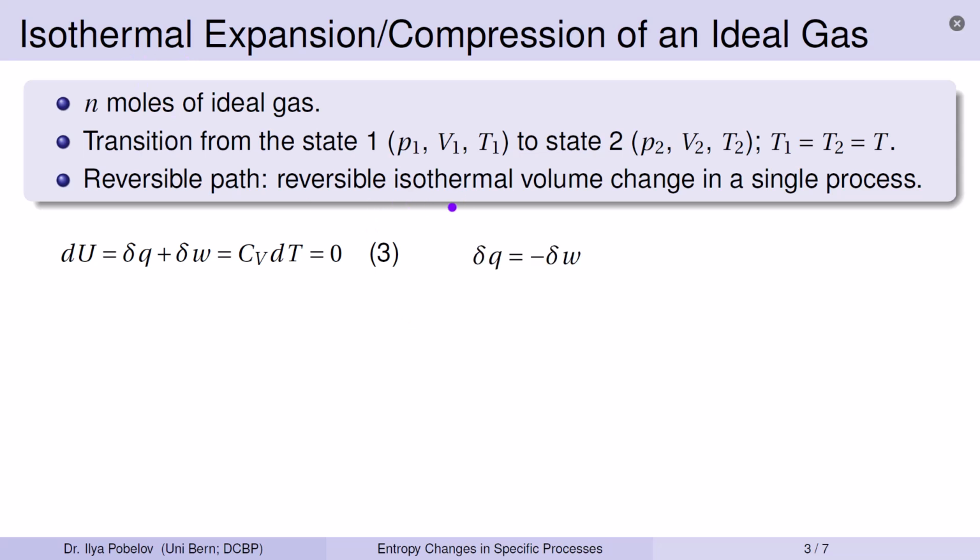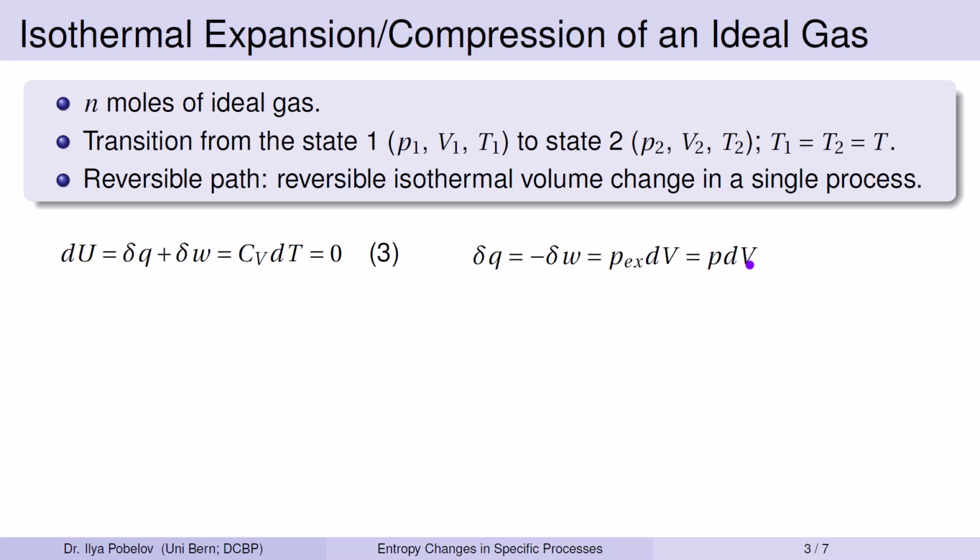Thus, along this path, the heat exchanged between the system and the surroundings is always equal to the negative of the work done. Considering that ideal gas does only volume work and the external pressure must be equal to the internal pressure in order to satisfy the condition of reversibility, delta Q is equal to P times dV.